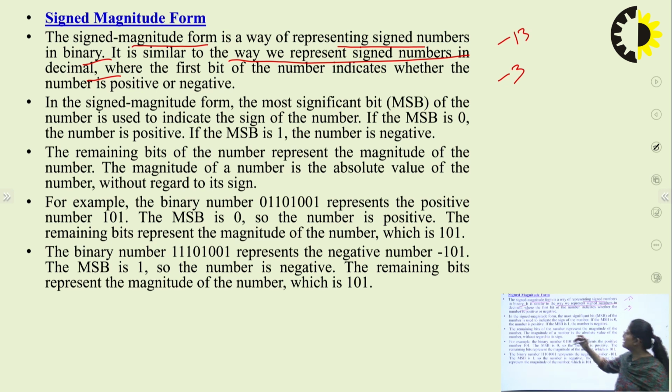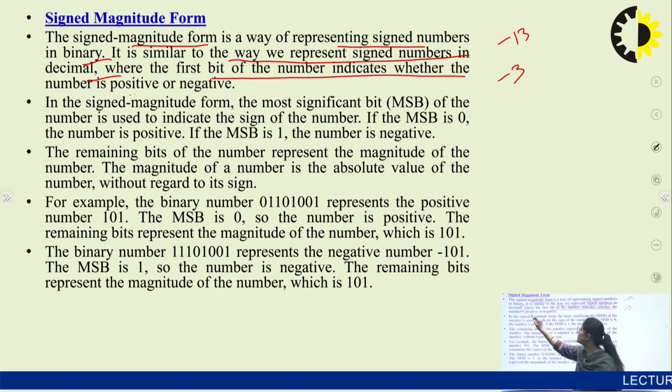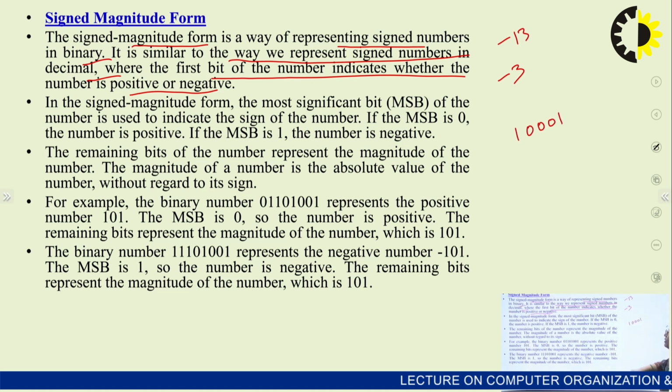Like in decimal numbers, here the first bit of the number indicates whether the number is positive or negative. Like we have a number here, 1, 0, 0, 0, 1. So this is the MSB bit here. This MSB bit will represent that this is a negative number because it is 1.